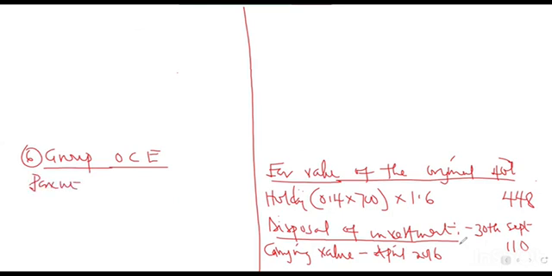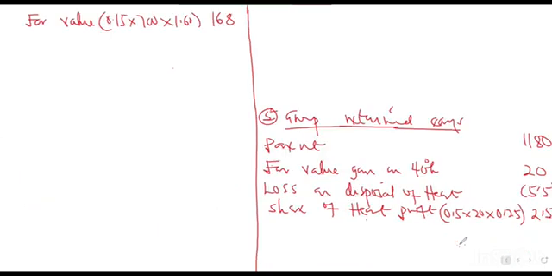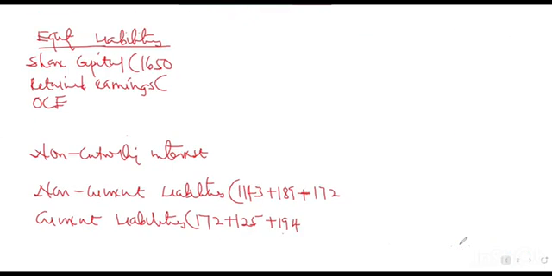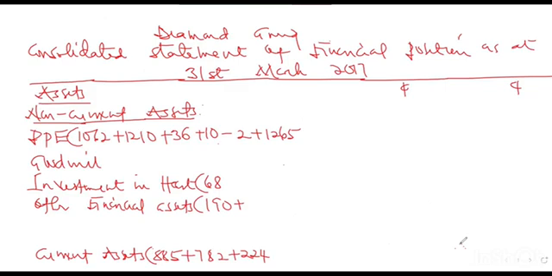How much is it? 128. Okay. So we have the fair value gain of 67 minus 65 on the investment of the 15% in HAT.